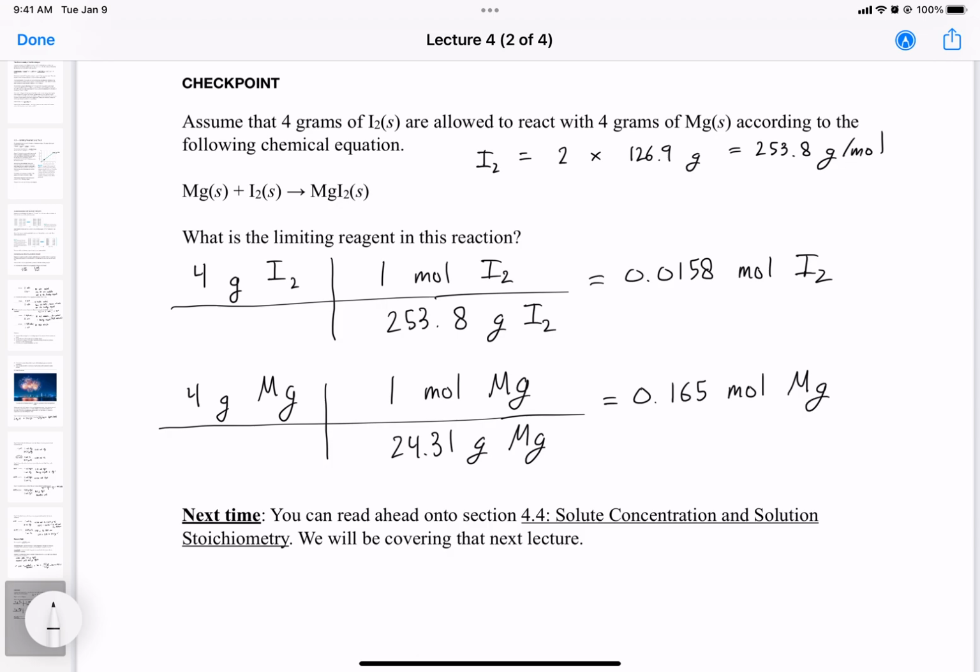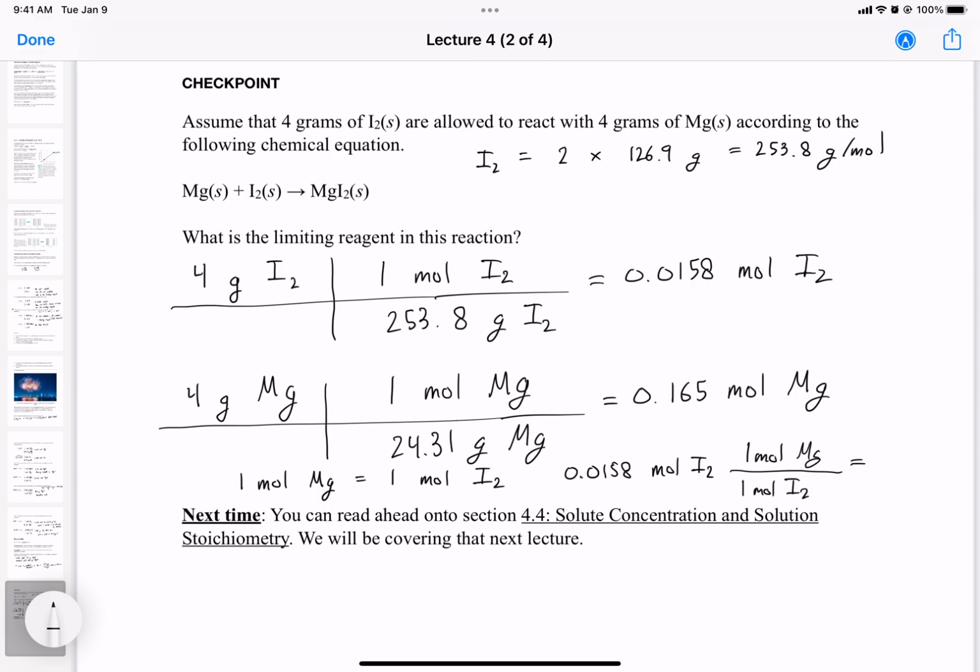So now if we compare how many moles of iodine we need for the moles of magnesium, we see that 1 mole of magnesium is equal to 1 mole of iodine in the chemical equation, right? So for 0.0158 moles of iodine, we would need 1 mole of magnesium per 1 mole of iodine.